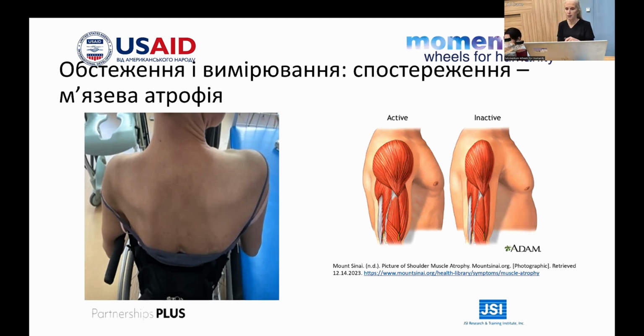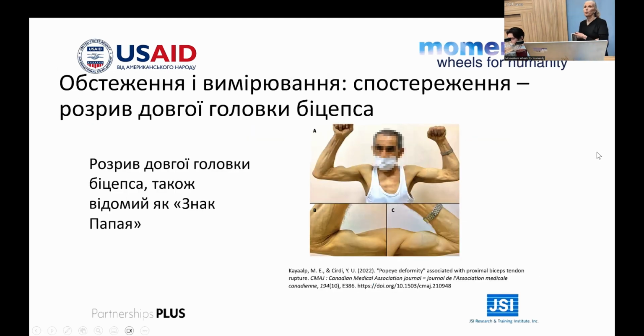How many of you have seen a full biceps tear, a long head biceps tear? A couple people. Once you see it, you never forget it. They bend their elbow, and literally you see this ball just.